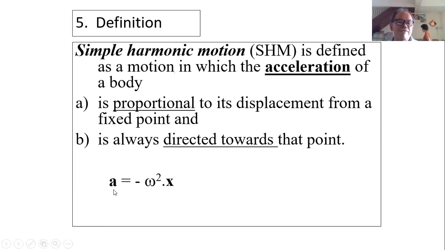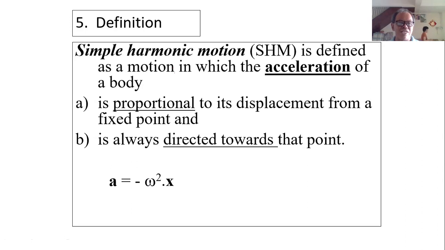In terms of formula, a is the vector acceleration, x is the displacement, and because they are always opposite to each other, we put a negative sign there. And then this is a constant. We call it omega because it's related to angular frequency.